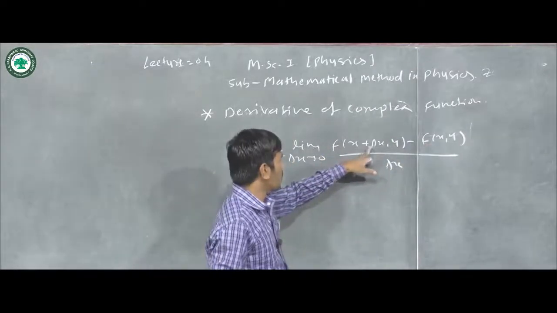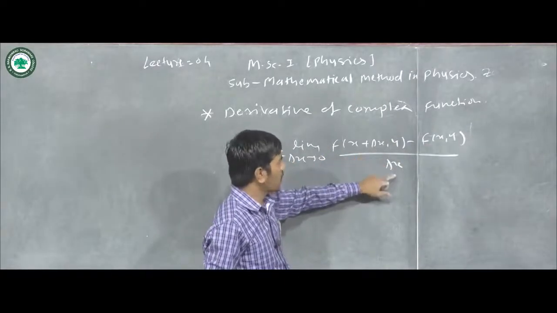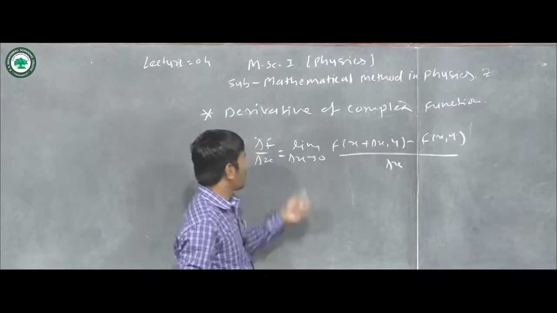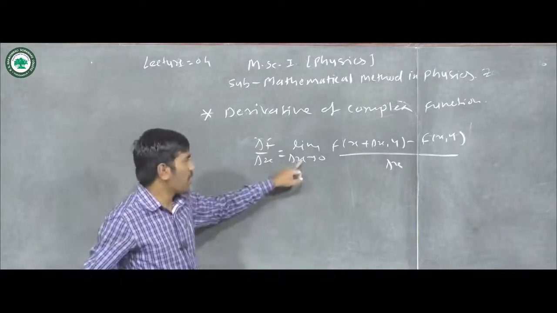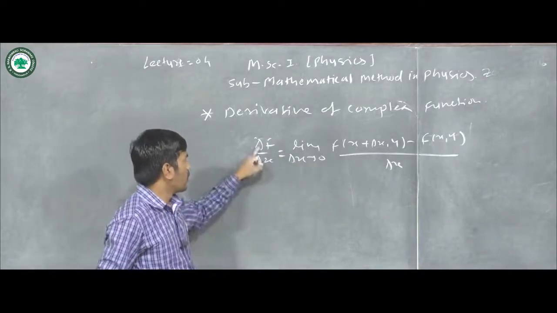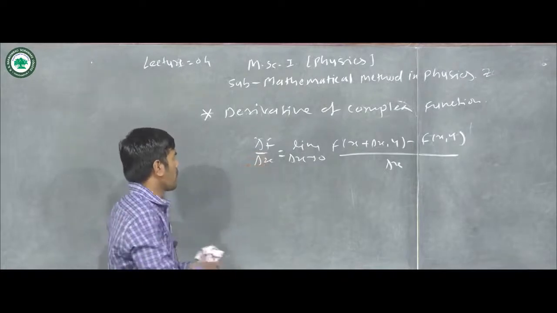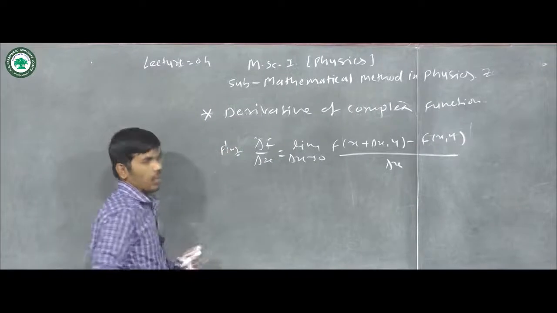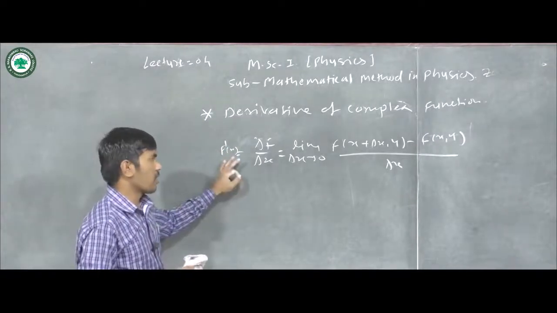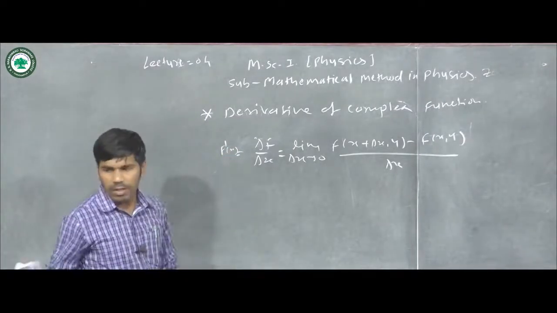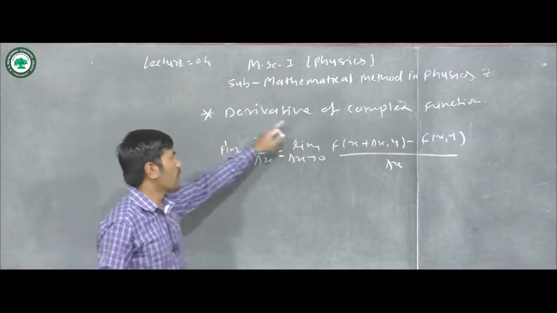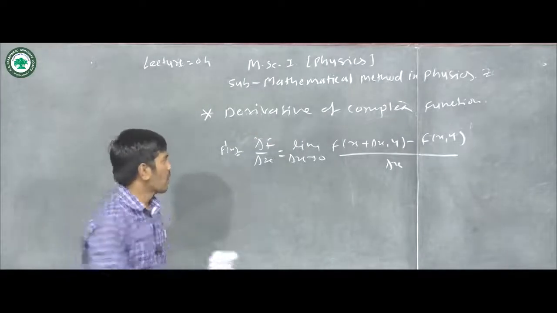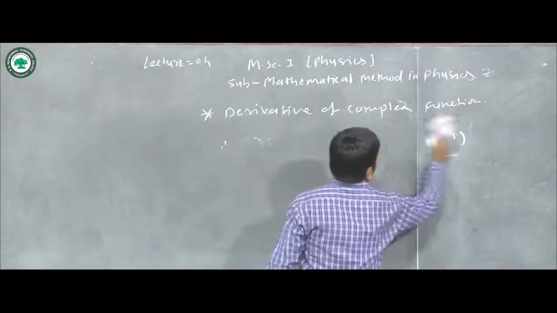A small change in x is del x, and we apply the limit del x tends to 0. So this del f by del x we can write as f prime x, like that. Similarly, we can write the definition for the derivative of complex functions. So let's write.